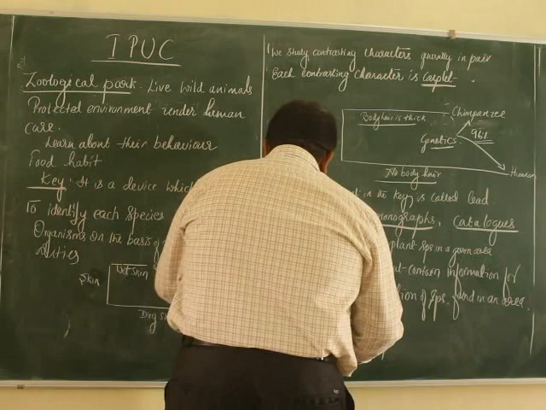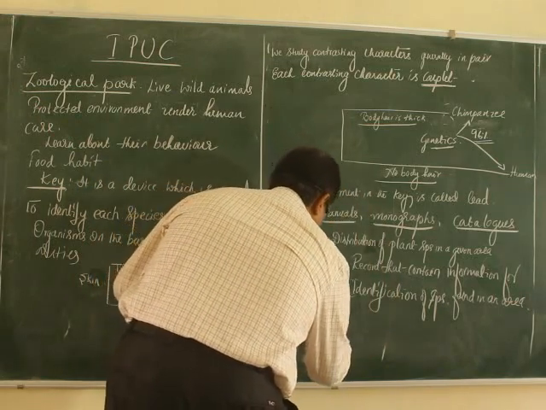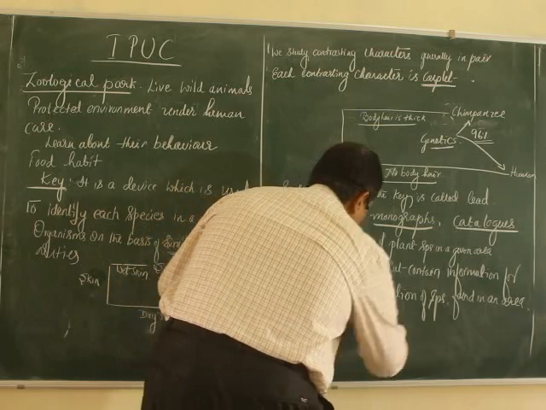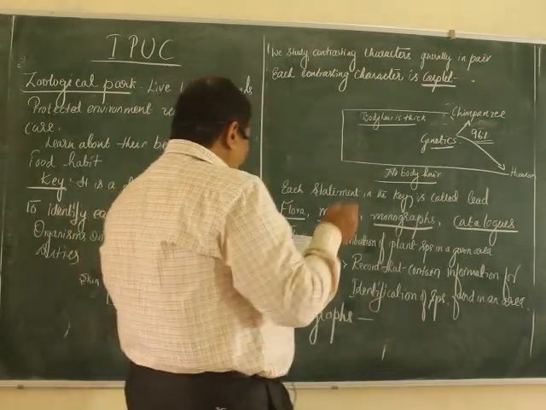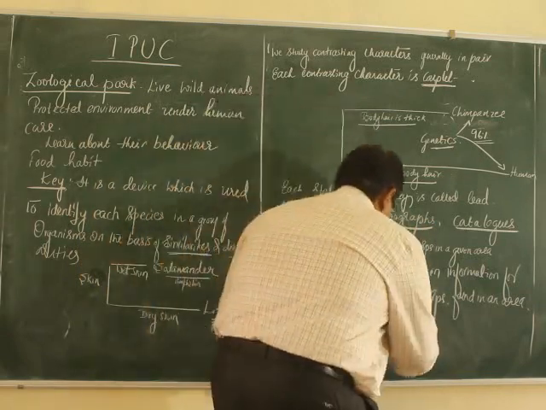Then monographs, the last one. My dear students, monographs are records that contain information on any one taxon.